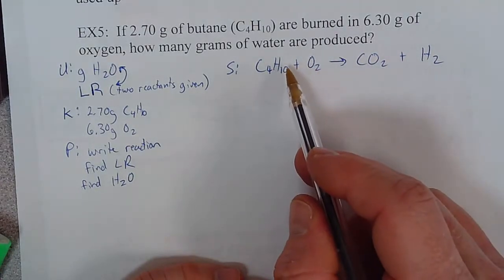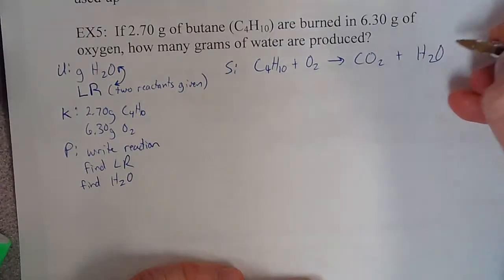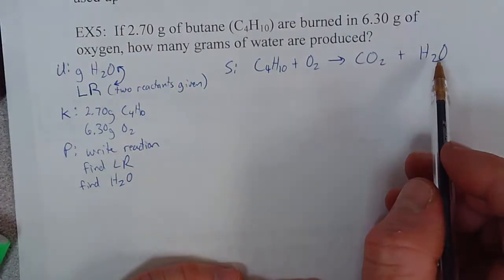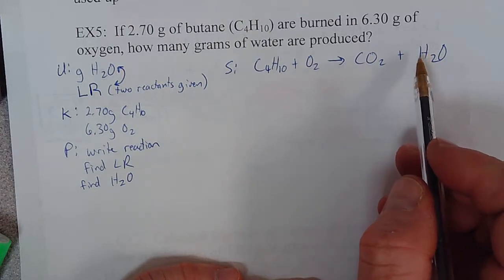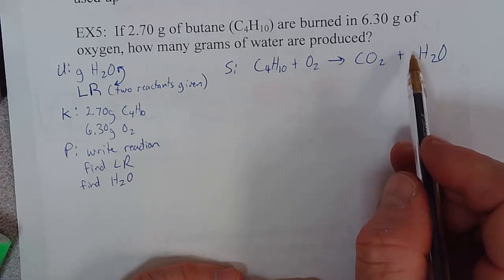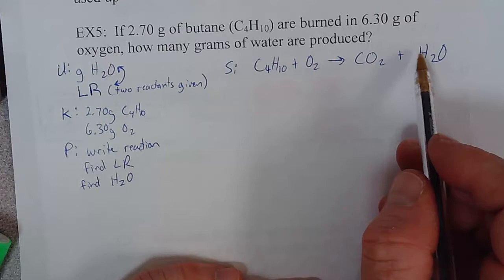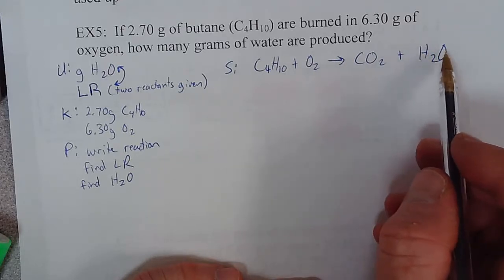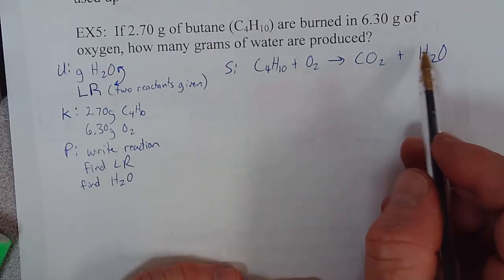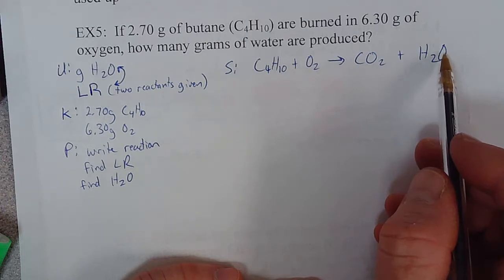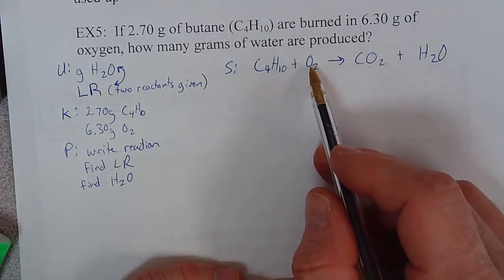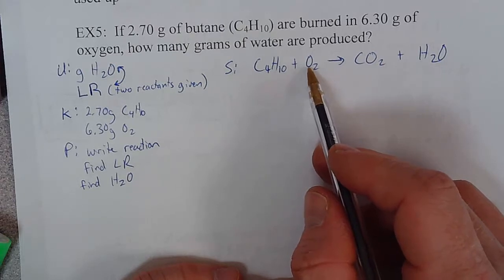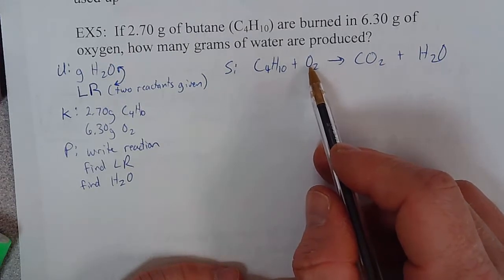Okay, 10 hydrogens here. Help if I put the O on the water. So if I wanted to get 10 hydrogens over on the right side, I would put a 5. That would give me an odd number of oxygens, because 5 times 1 oxygen gives me 5, and then whatever is here is an even number. I can't get an odd number of O2 on this side.